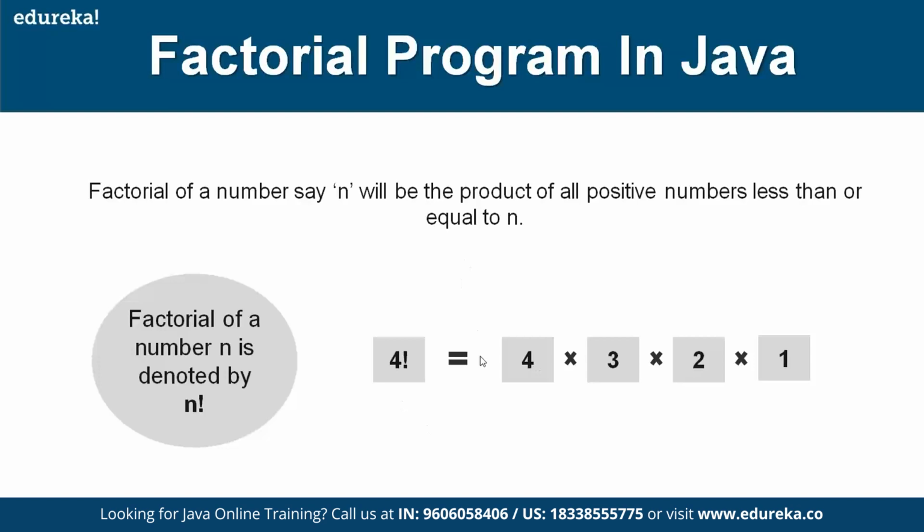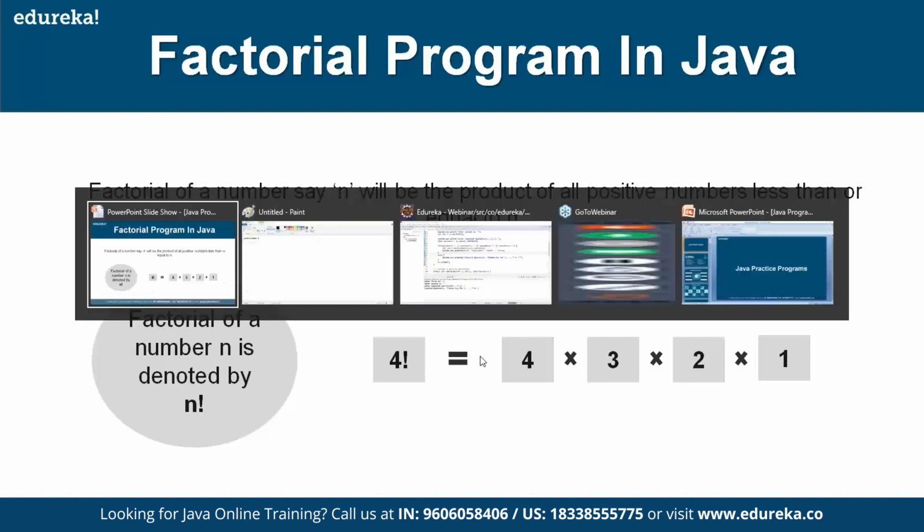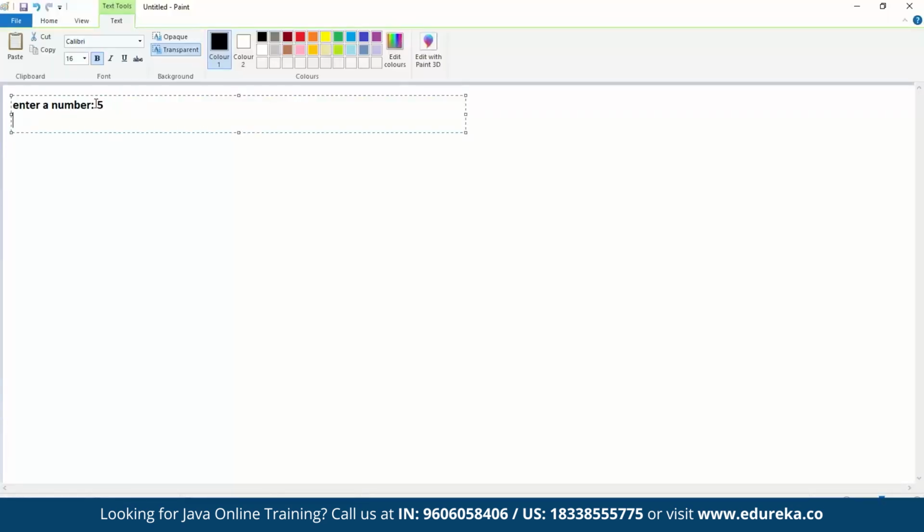So what is the logic of this? What do we need to do? We should enter a number, maybe 5. We should have a method, and there we will pass this 5. In that method, you check whether the number is positive, I mean greater than 0. Then only you should find the factorial. If it is 1, return that.